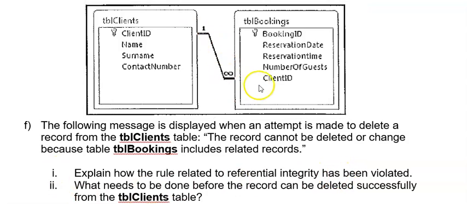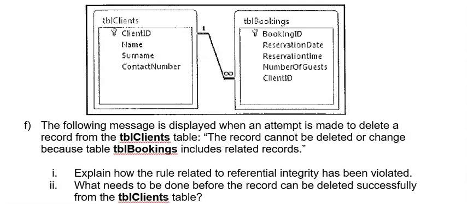Remember, we have this relationship here, and if we have any records left in this table that are related to the ID of the client that we want to delete, we will get this error because no child may be left without a parent. So for that reason, we are going to get that error. This would also be a runtime error as you would experience it while your program is running.